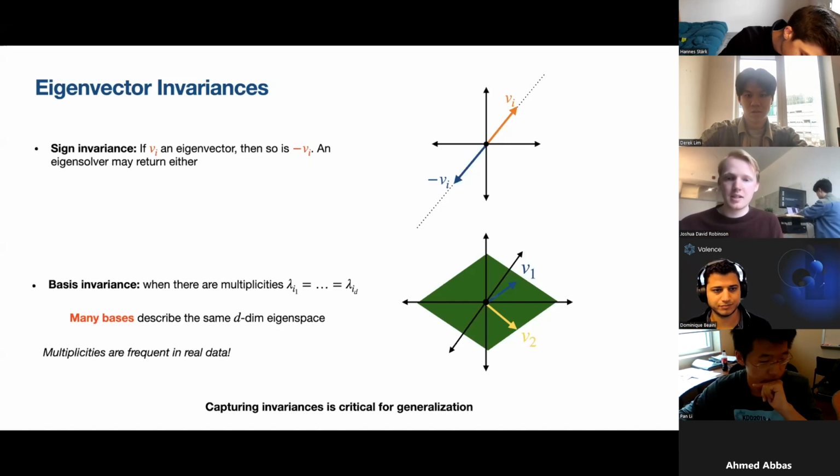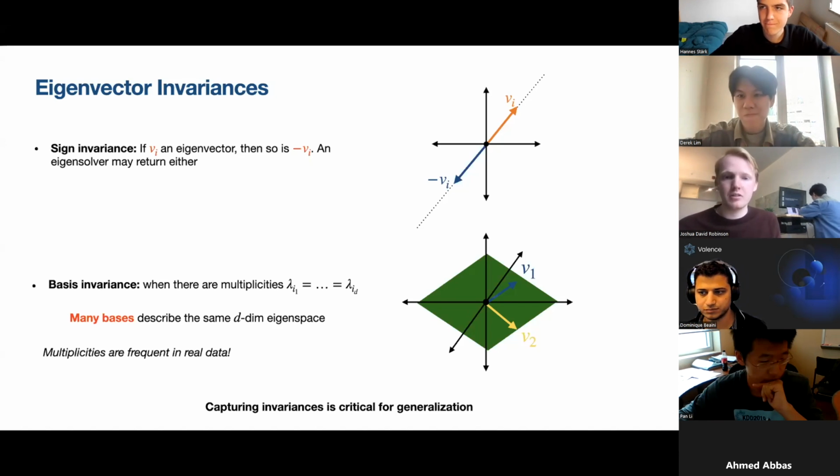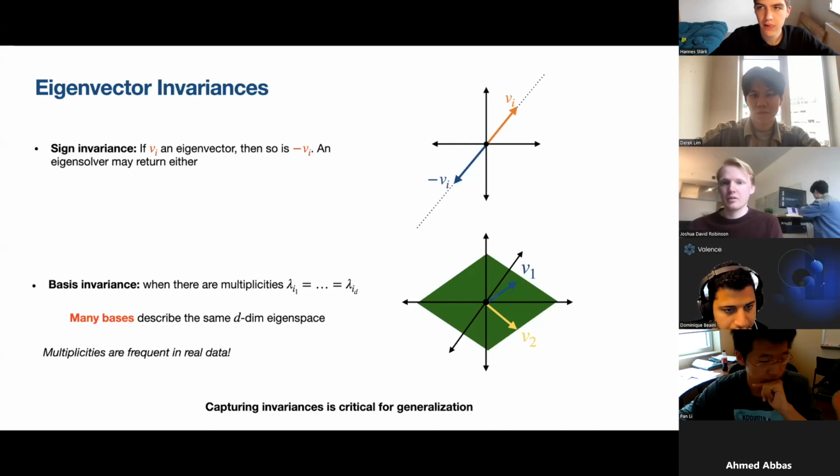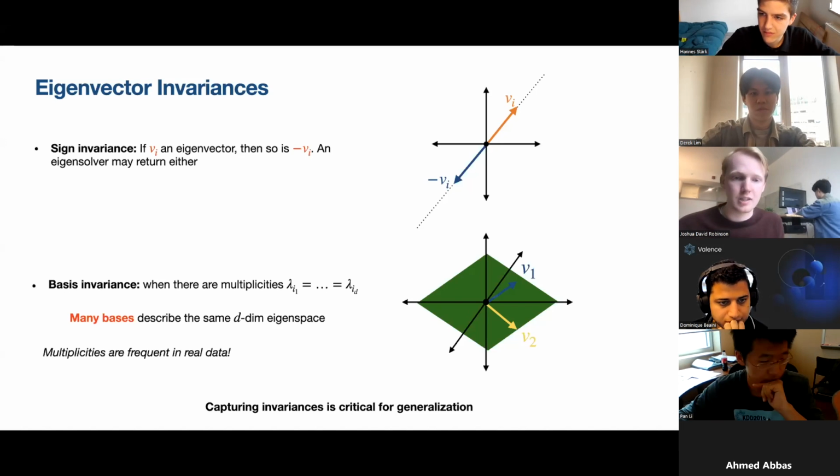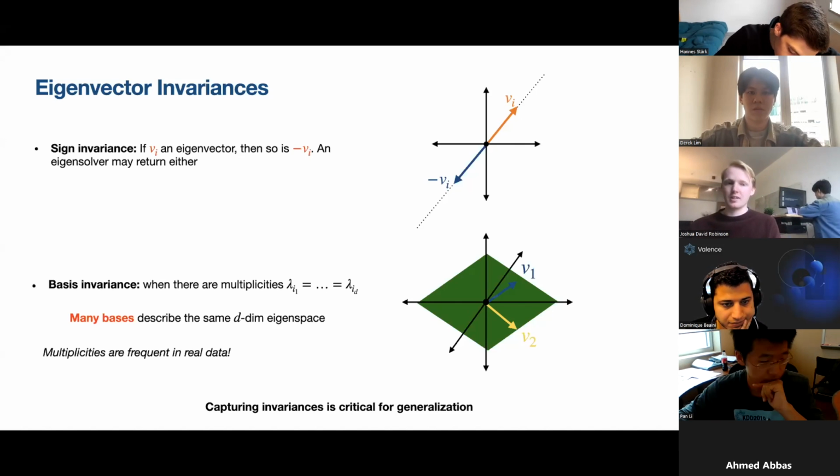There's a second, somewhat more complicated invariance that is also present in eigenvectors, which occurs in the case that there is eigenvalues with high multiplicity. When you have multiple different eigenvalues coinciding, there is multiple different linearly, or in fact orthogonal, eigenvectors corresponding to each of them. And so you have an underlying d-dimensional eigenspace. When you run an eigensolver on an underlying matrix of this form, it could return any valid basis of this eigenspace.